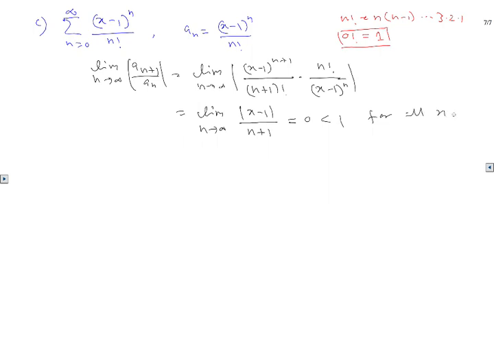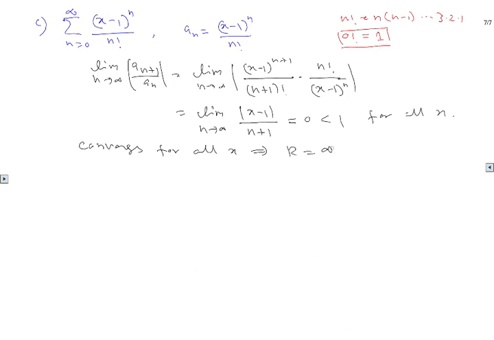That's very interesting. So that means it converges for all x. What does that mean? x can be anything, so that means R has to be infinity.